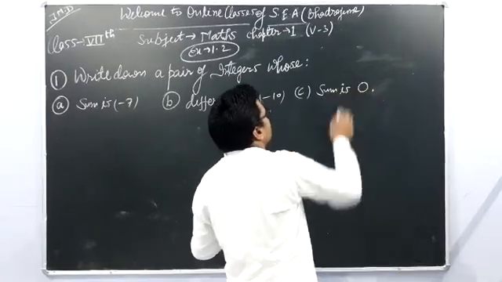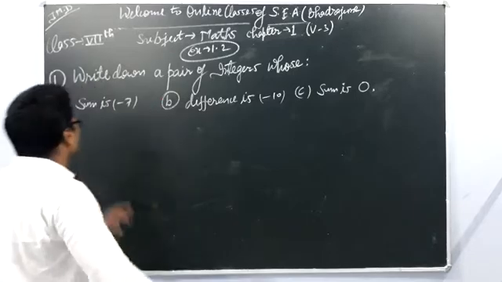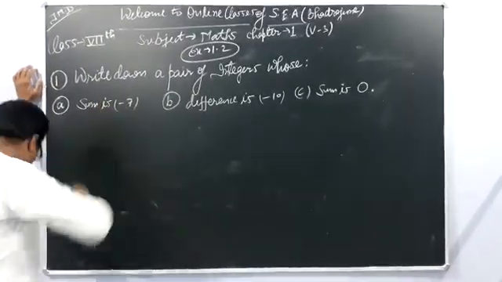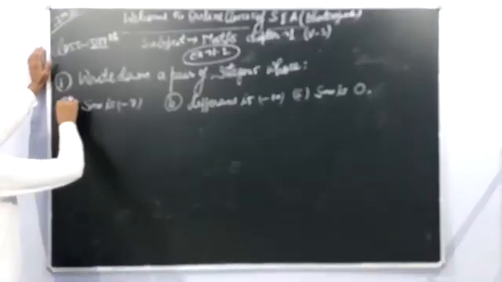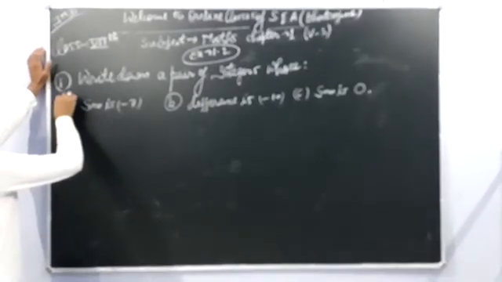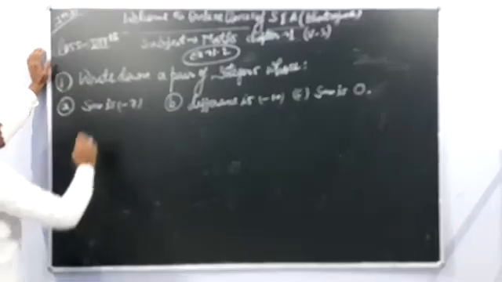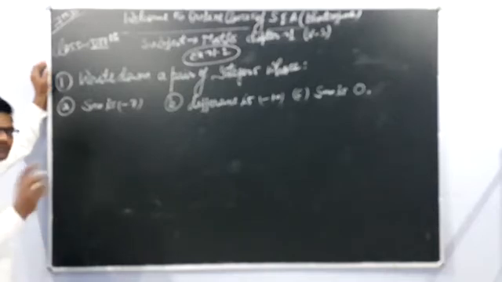Okay, so what is our first one? First one is sum is -7.